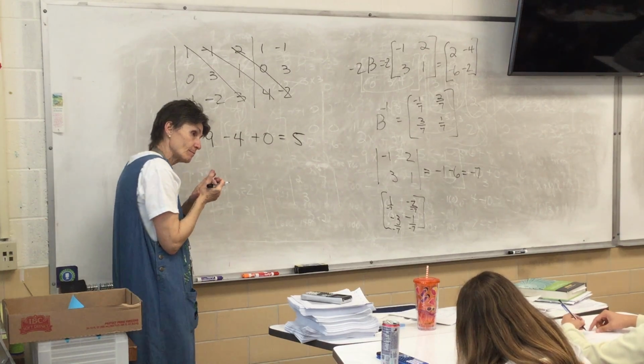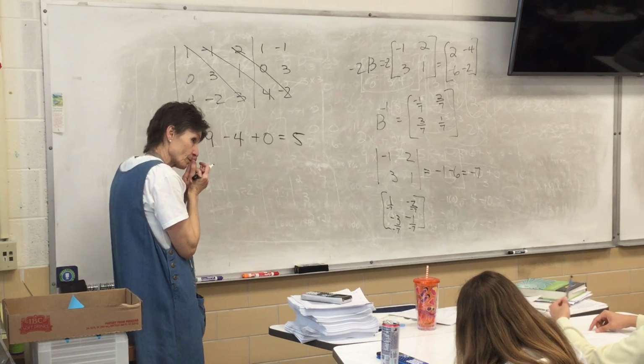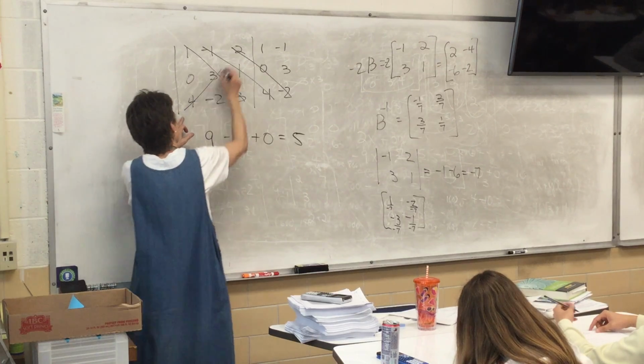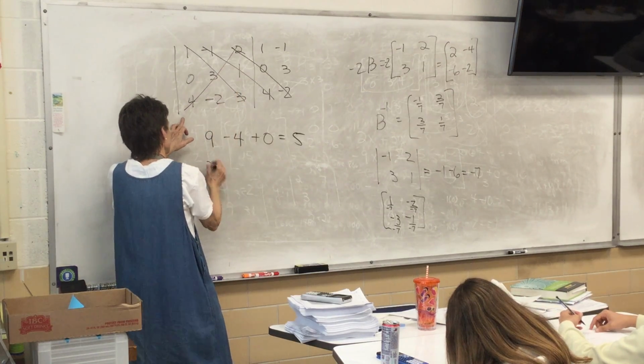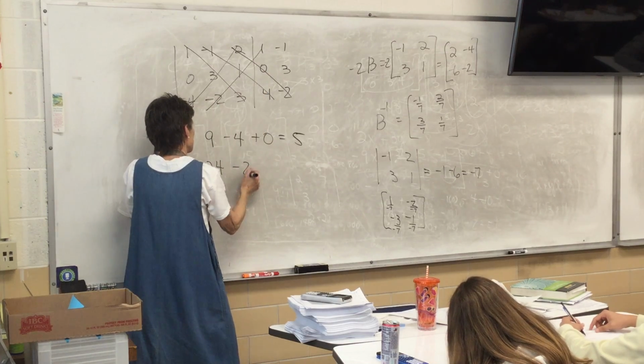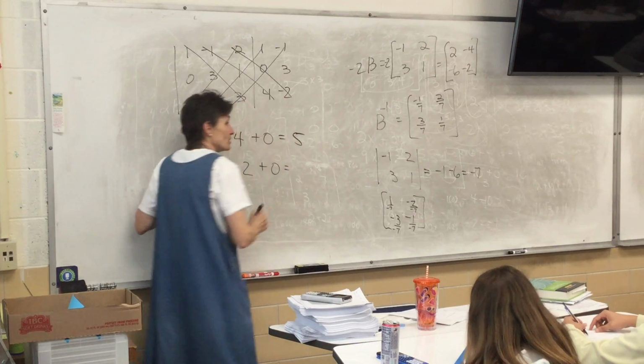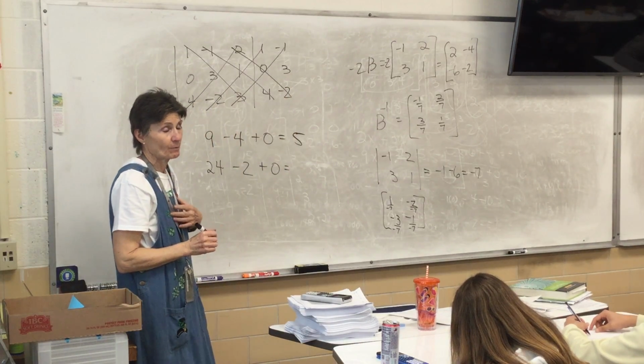Now, Josh, do you remember what we do next? Other way. So we're gonna go this way, so that's gonna be a 24 and a -2 and another 0. Remember, when you multiply by 0, you get 0.